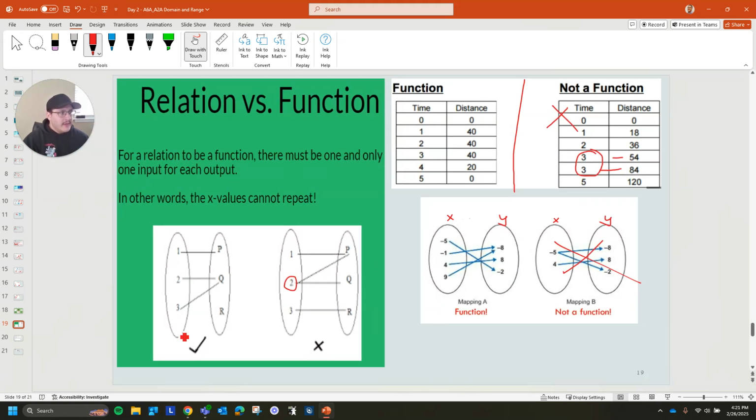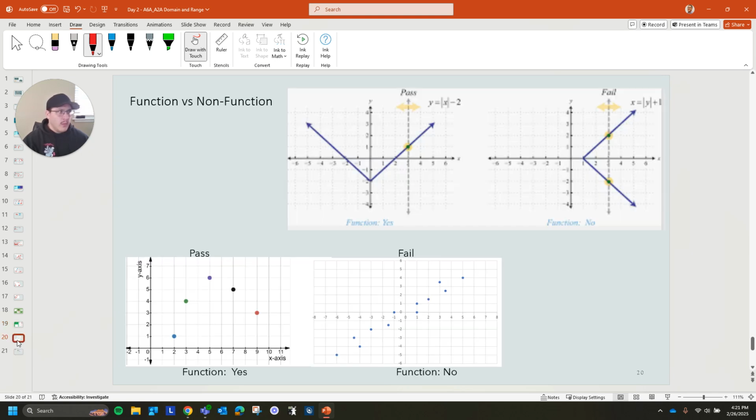All right, with that in mind, we have more examples. There's also something called the vertical line test when you're looking at graphs. What a vertical line test is: you draw a line, or at least you imagine a line being drawn, at every single part. At any point where the line passes twice through the graph, it is not a function.